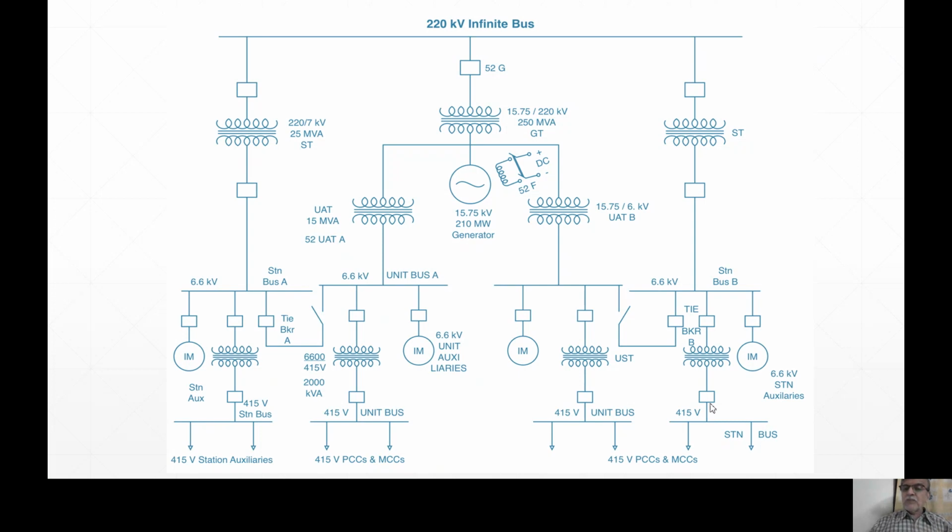Then in 415 volt also there are 415 volt PCCs and MCCs. So as you need UST, you need SST, station service transformer. This whole business makes a generator fault, and clearing a fault in a generator, a big business.